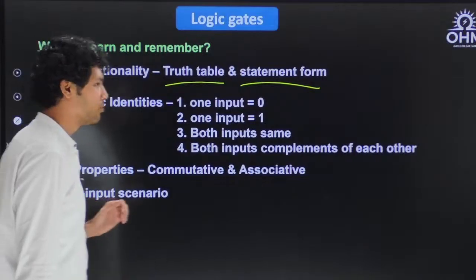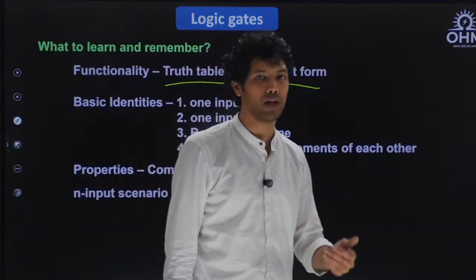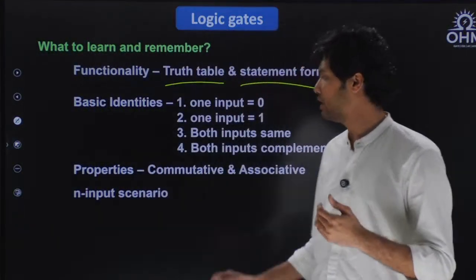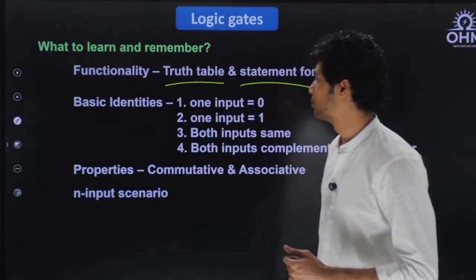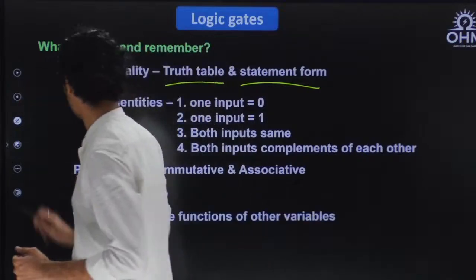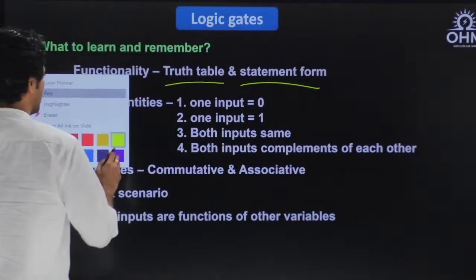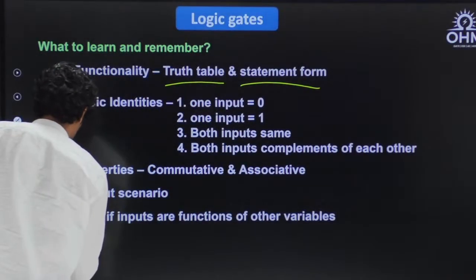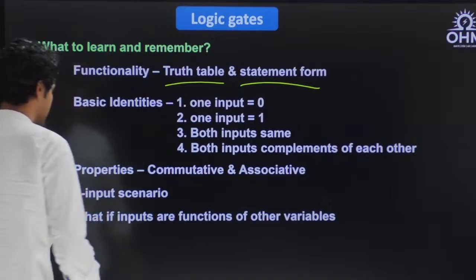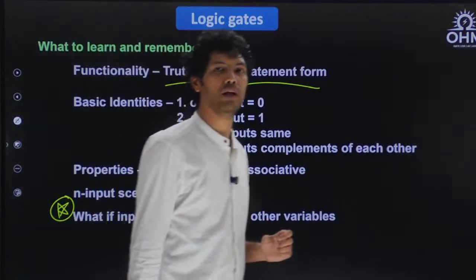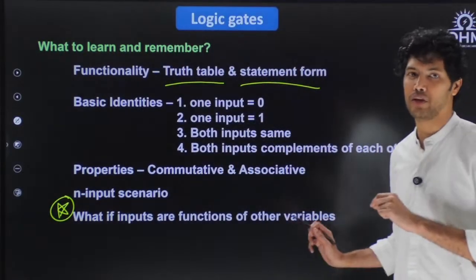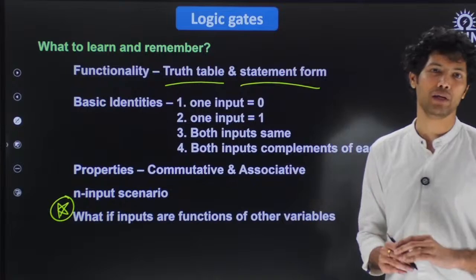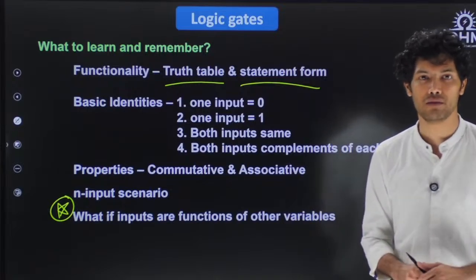And lastly, what will happen whenever you have an n-input scenario? Whenever you have n inputs for each logic gate, what will happen? That is again something you are supposed to know. Lastly, this is very important, something many people don't discuss in classes: what happens whenever the inputs of logic gates are in the form of functions instead of variables? Usually, variables are given as inputs to logic gates.